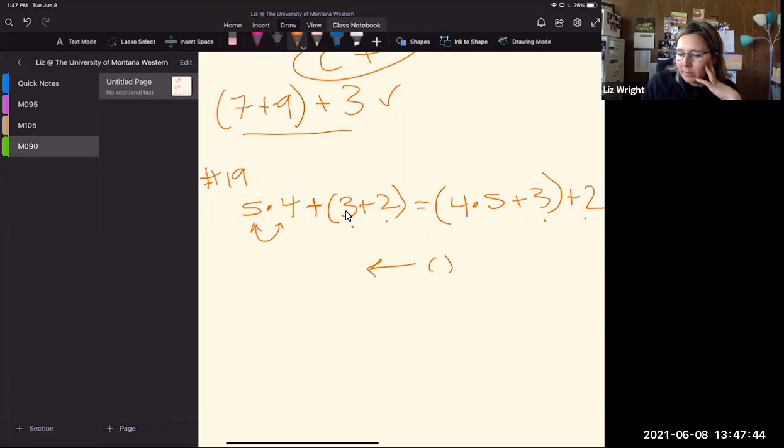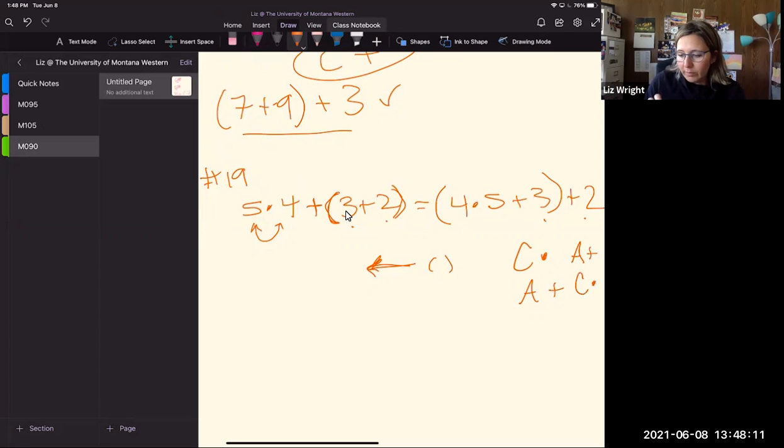So I'm seeing commutative of multiplication, and I'm also seeing associative of addition. I have no idea what order. So let's try, because it could be either one, associative or commutative. Let's see if we can figure out which way it was.